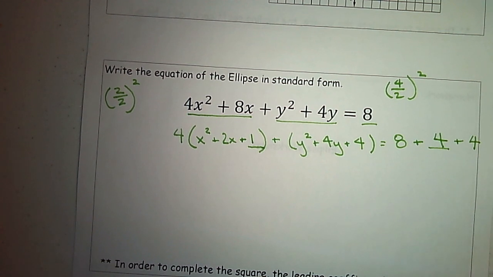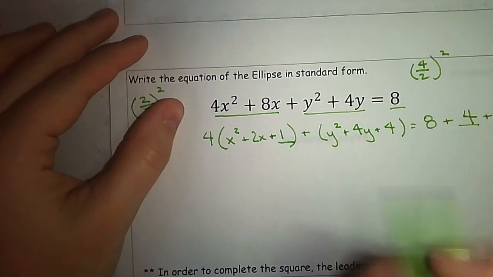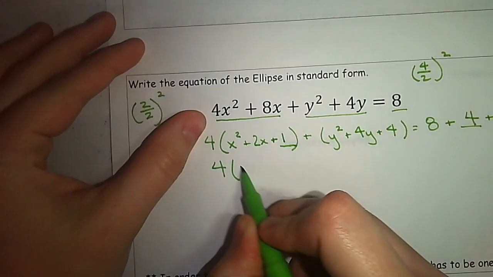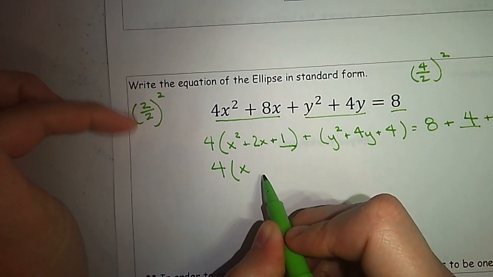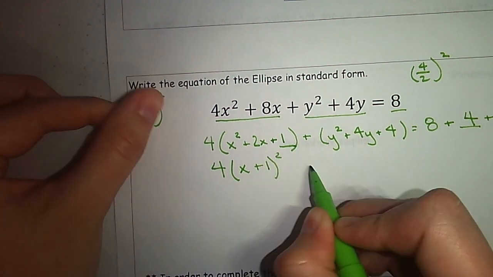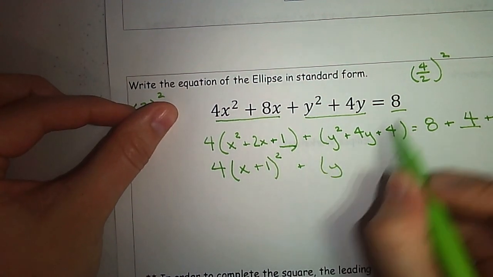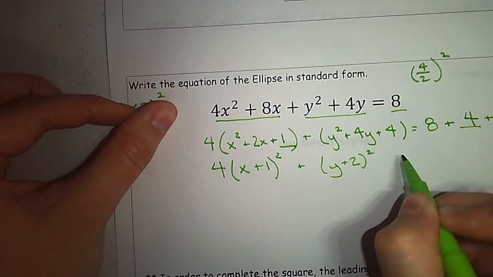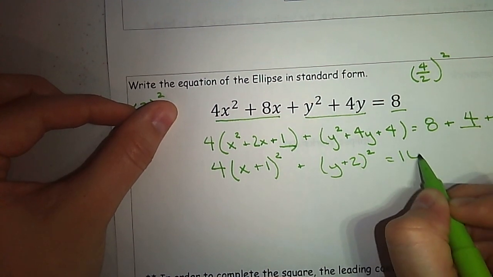All right, so now let's go ahead and write it as a binomial squared. So remember that number we get, that linear term divided by 2, is the number that we put in here. And let's see, that's going to equal 16.